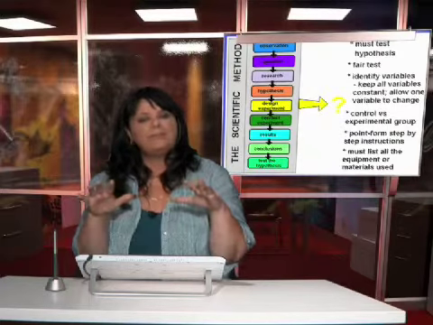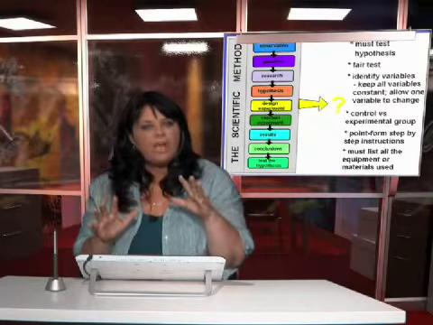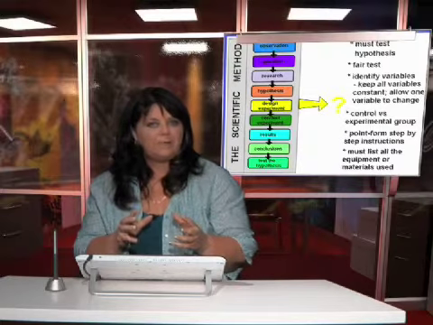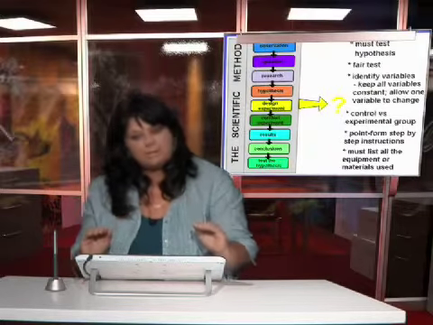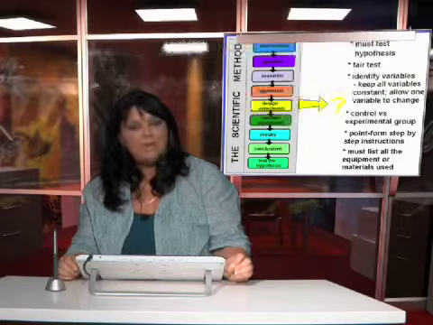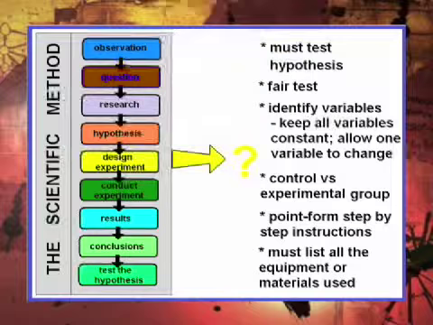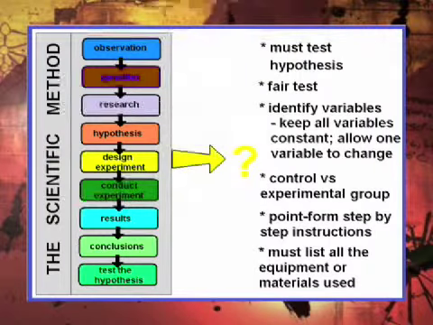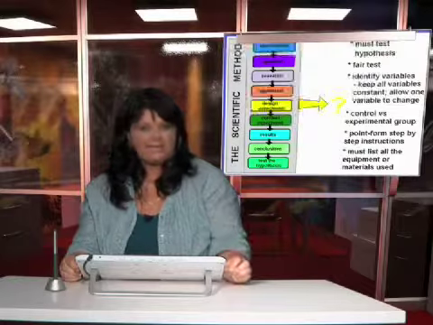All of the factors that possibly could change and influence the outcome must be kept constant. And so you have to identify all of those variables that could possibly affect the outcome, and they've got to be kept constant, and your one variable will change, and that is the variable that you are testing.